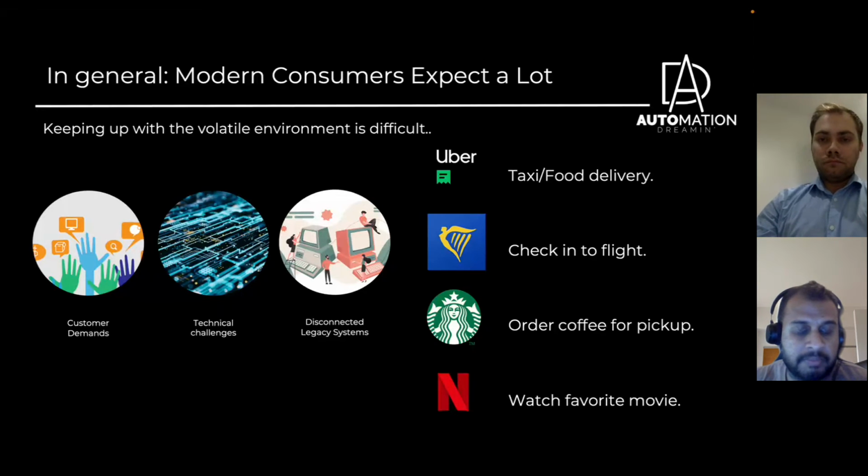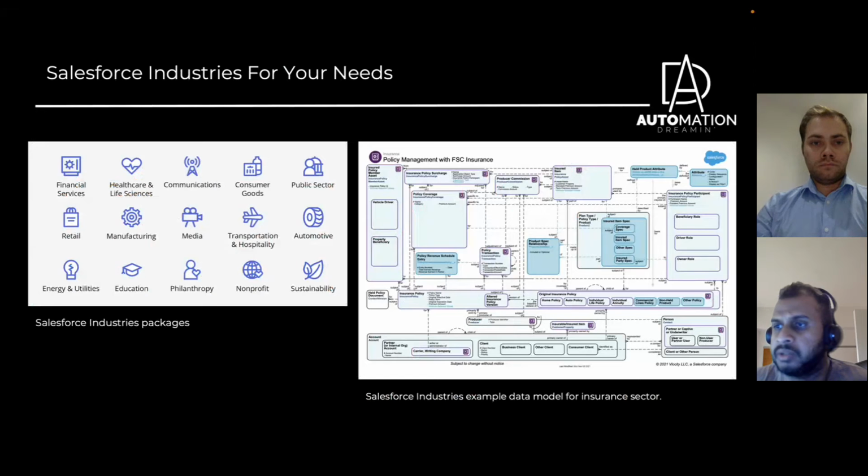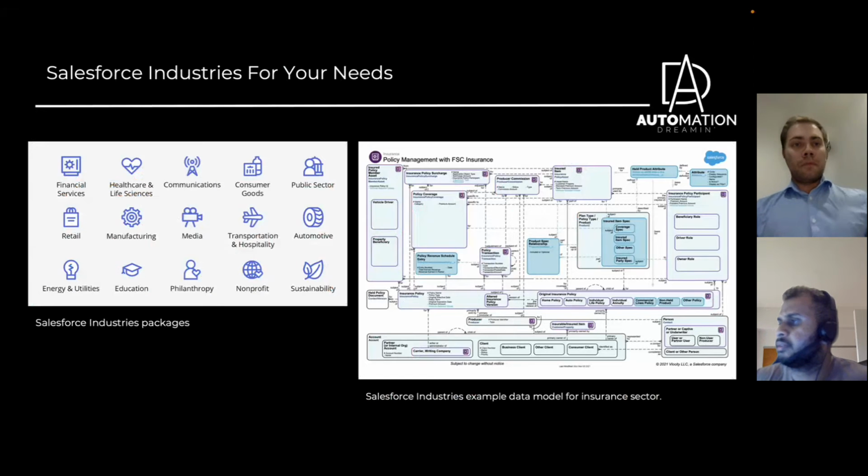So, driven by this dramatic change in the customer experience and also other reasons, businesses are really struggling to deploy scalable automated digital solutions to meet the demand. I think Salesforce created a solution with Salesforce Industries to address these issues and assist our clients in achieving their goals. So that's pretty much about it. Next slide.